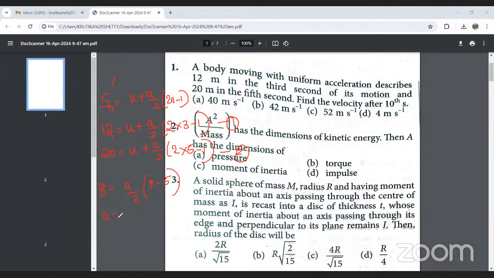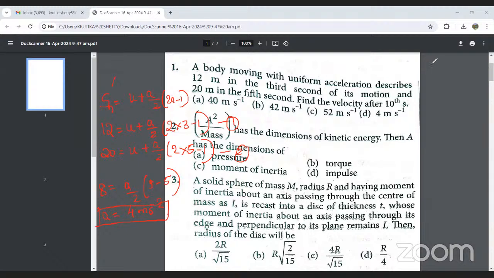If you simplify this, the acceleration value comes out to be 4 meter per second square. Now if I substitute the value of the acceleration in equation 1 or 2, you can use either one.